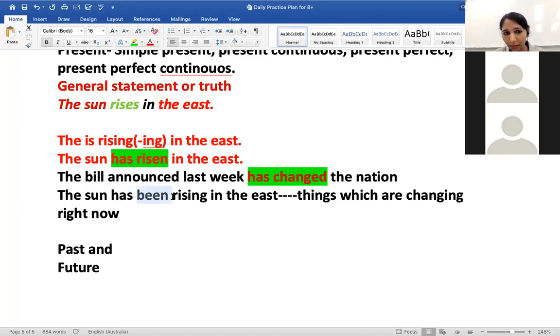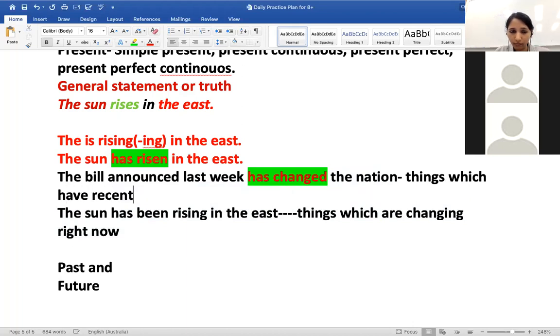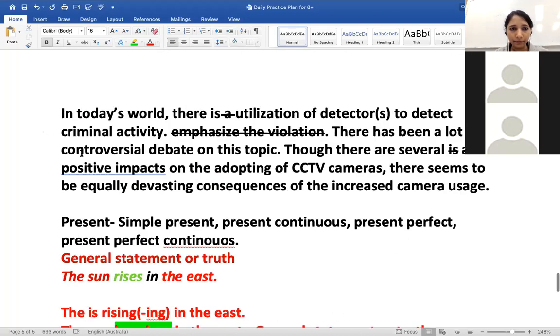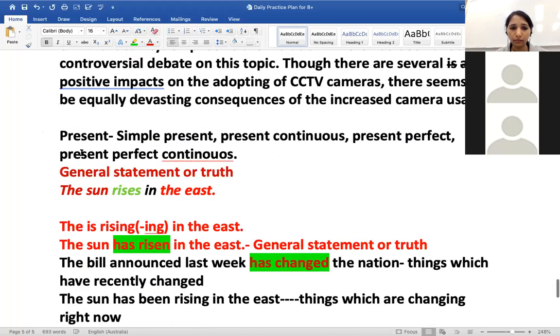Then there is going to be been, and the main verb is in the ing form. So this is for the things which are changing right now. This is for the things which have recently changed. And this is for a general statement or truth. Clear? Yes.